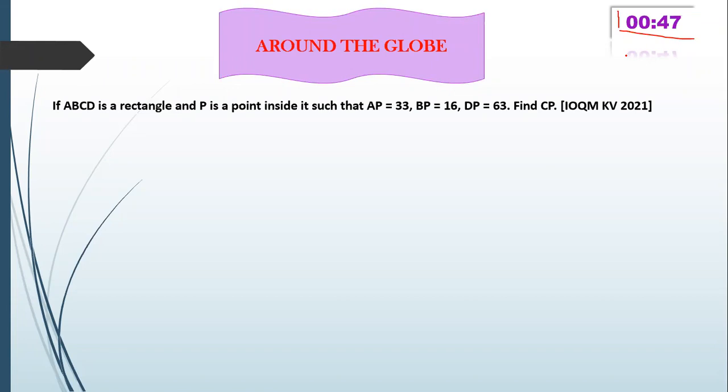Somebody who entered by the name Srinivas Ramanujan is right. Yes, Ramanujan.